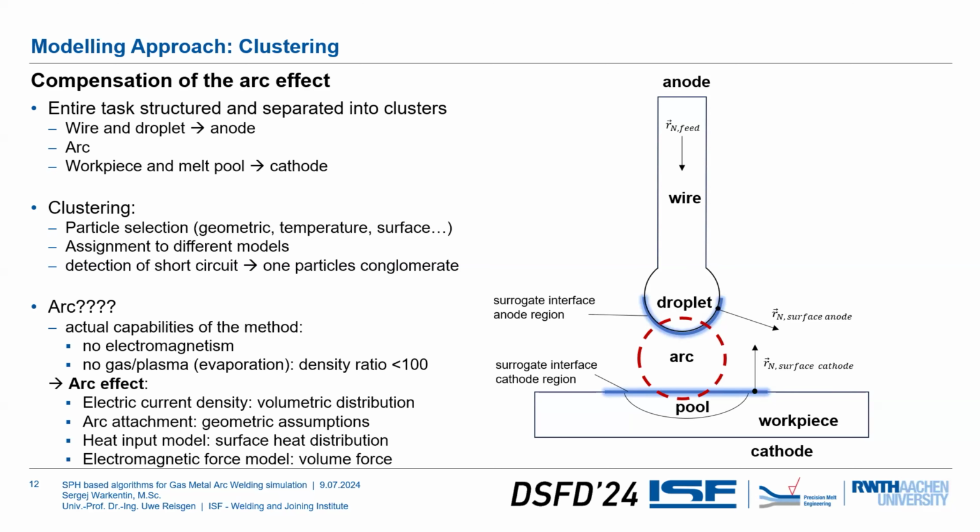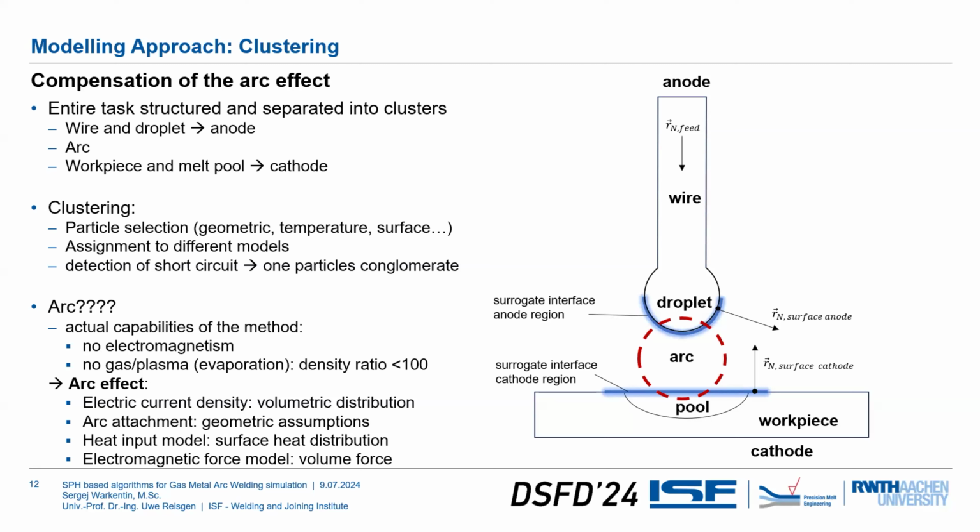But we can consider the arc effect, for example, by the electric current density distribution. So we have a volumetric distribution of the electric current. Here you see in blue the arc attachment, and when this arc attachment is defined, the heat input from the arc is implemented only on the surface that is calculated there.